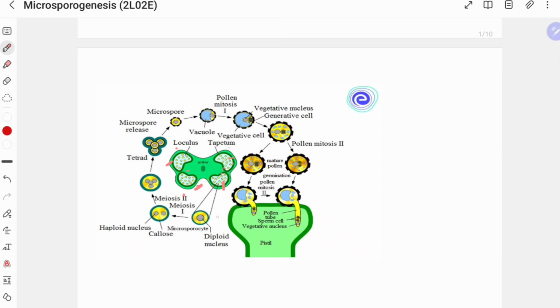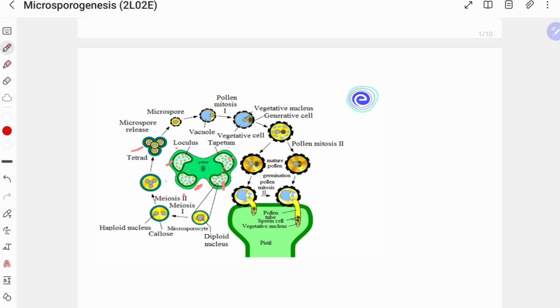The microsporocytes have a diploid nucleus. Then it forms haploid nuclei after meiotic divisions. The second meiotic division forms four cells called tetrads, and these are the microspores.